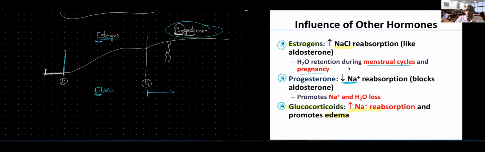And it goes away when ovulation takes place and the ovary starts to produce progesterone instead. So the progesterone gets this water and sodium out of the body, reducing the formed edema during the second half of the cycle. Same takes place during pregnancy where I have very high estrogen levels.